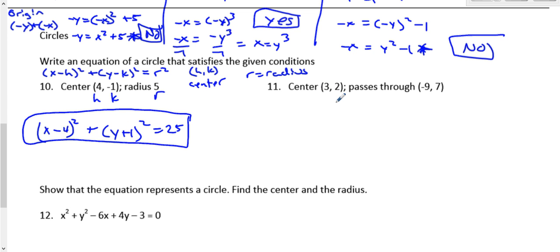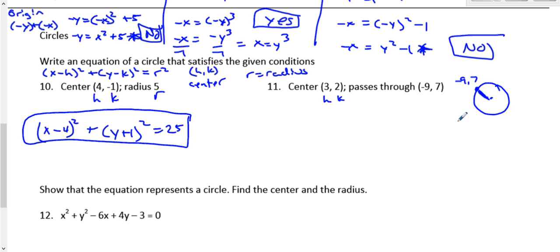For number 11, we are given the center, h and k, but we aren't given the radius. But we are told that the circle, here's the center, 3, 2, our point way over here is negative 9, 7. So if we could find the distance between those 2 points, that will tell us the length of the radius.